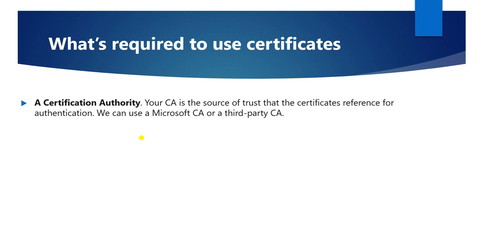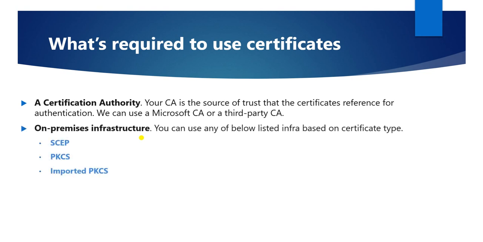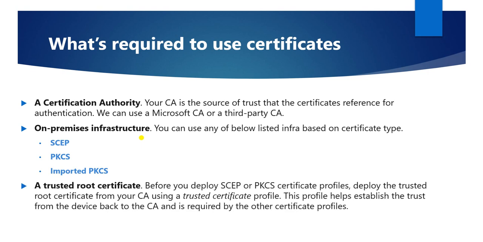That is a certificate authority. So we need a certificate authority. Your CA is the source of trust, that is the certificate reference for the authentication. So we can use the Microsoft CA or a third party CA. And what else do we need? We need an on-premises infrastructure for the SCEP, PKCS or imported PKCS, and a trusted root certificate.